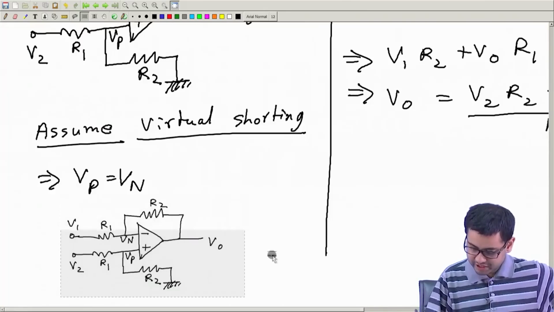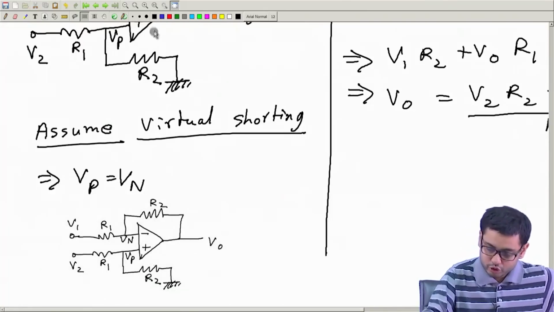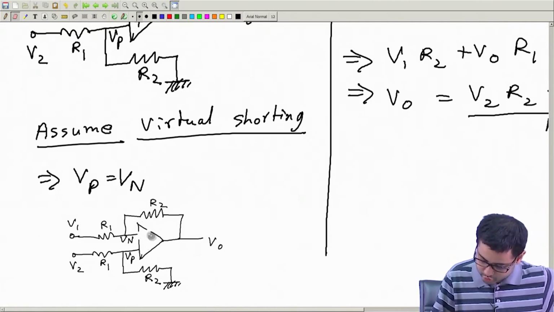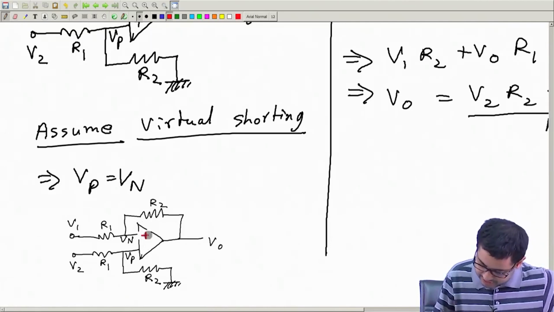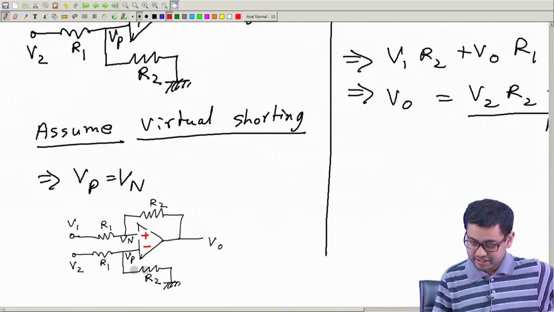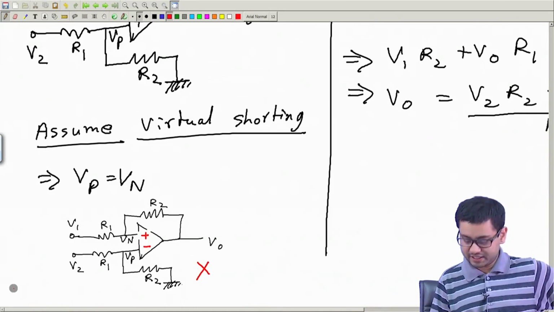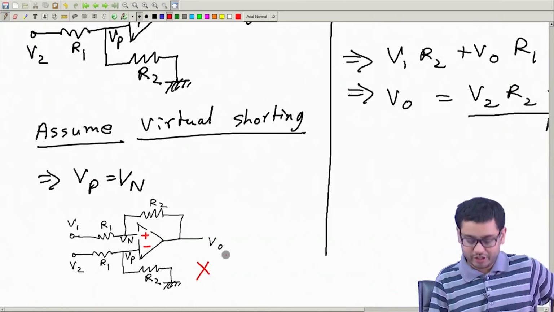So for example, here if you swap these plus minus signs like this, you make this plus, this minus, then this is wrong. Wrong in what sense? Wrong in the sense that virtual shorting is not going to work.